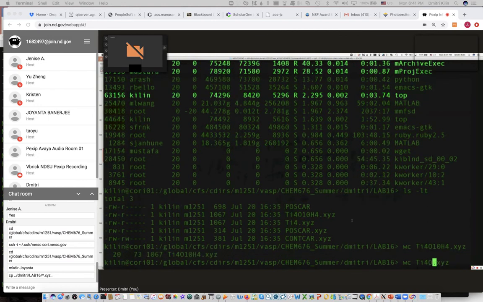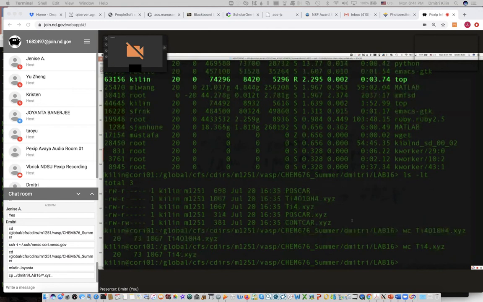Yes. So I'm doing sort titanium4.xyz into the file which I will call POSCAR.xyz.